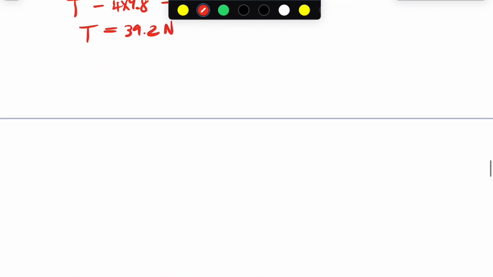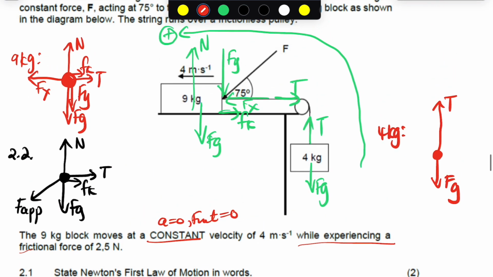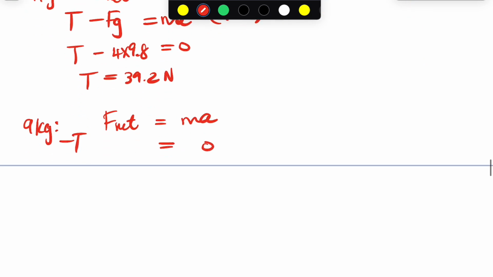Now we have to create the equation for the 9 kg block as well, so that we can get the force applied. F net is equal to ma, and the acceleration is 0. We have a tension that is negative, going in this direction, and the friction that is negative, and the Fx that is positive.